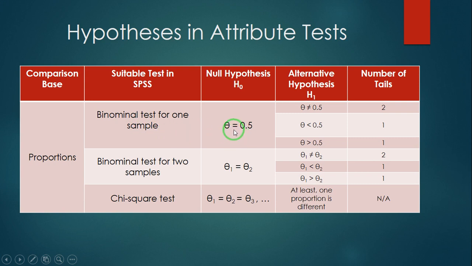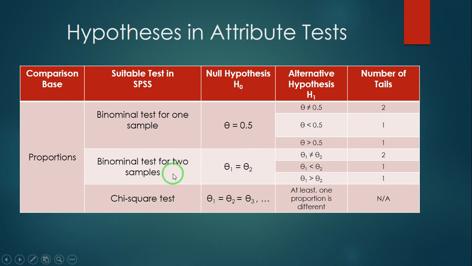The null hypothesis would be theta equals 0.5, and the alternative hypothesis could be theta is unequal to 0.5 for a two-tail test, and theta is smaller or greater than 0.5 for one-tail tests.